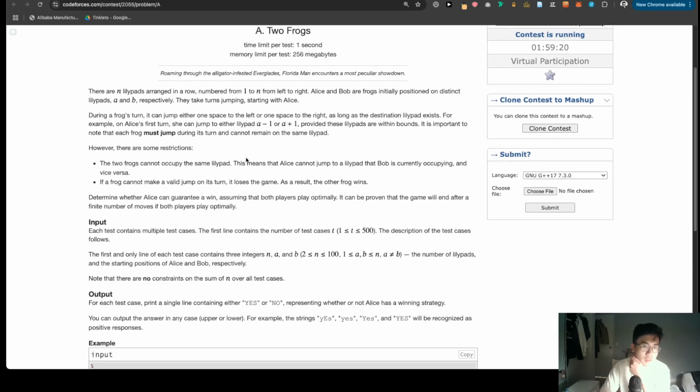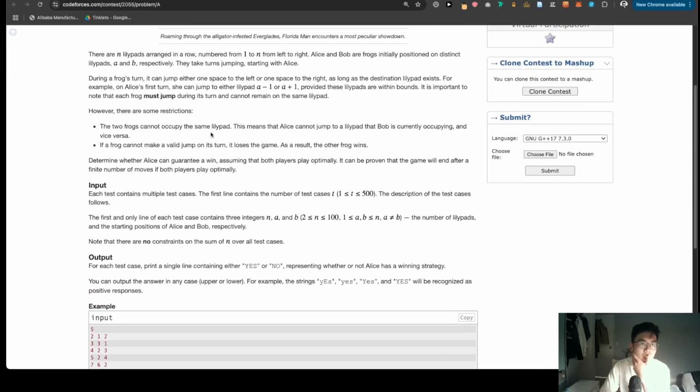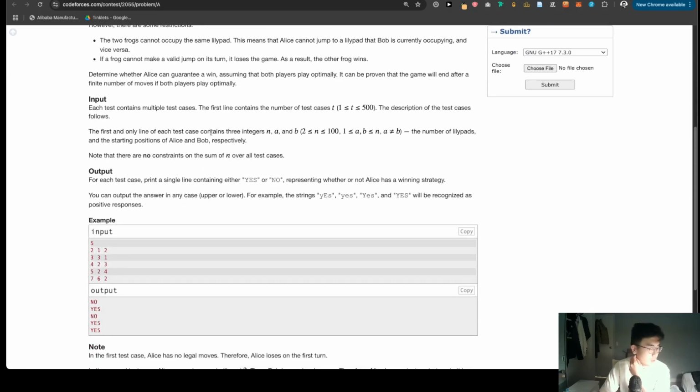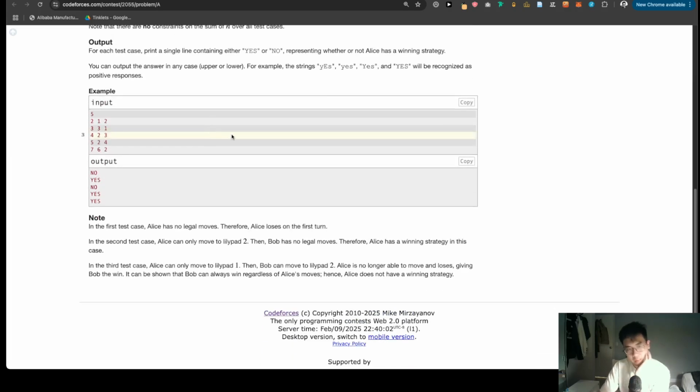So who jumps first? Okay, Alice jumps first, and you're given n, a, and b. In the first case, Alice tries to jump, but she cannot. So it's like you look at parity, I think.